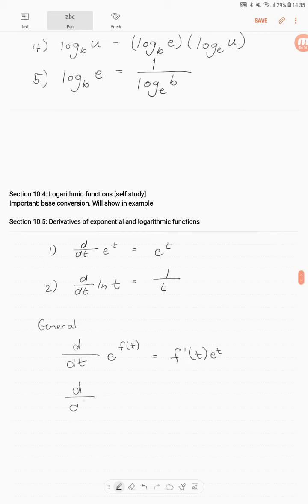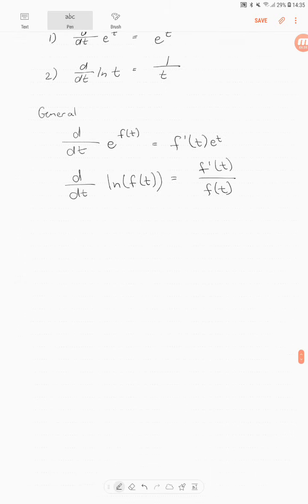And d over dt of ln of f of t will be equal to the derivative over the function. So please remember to study these. Also look at the examples in the textbook.